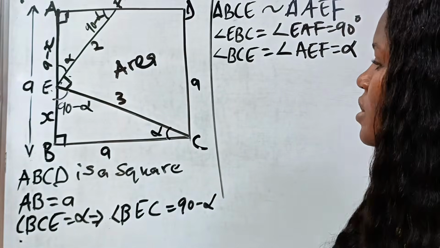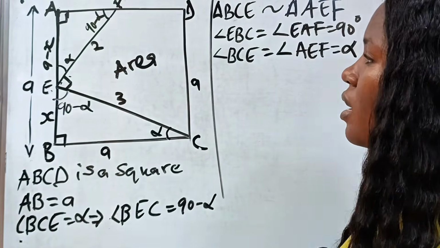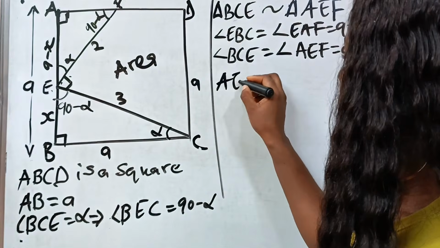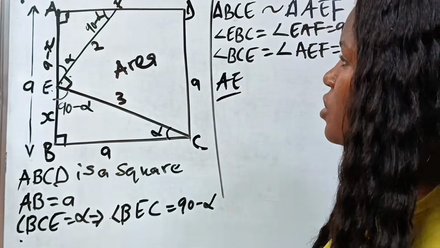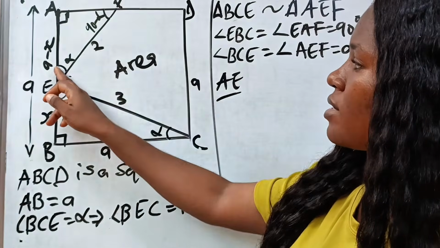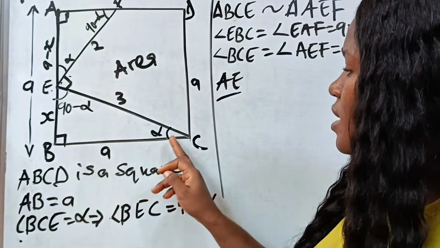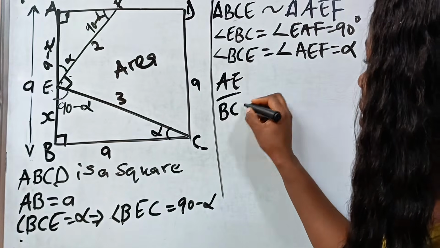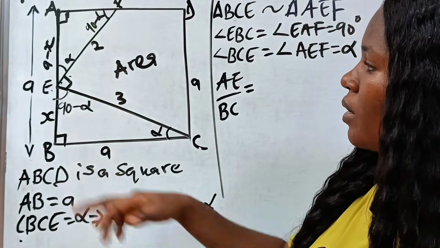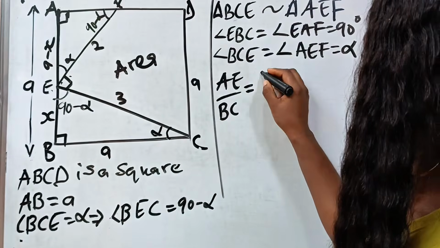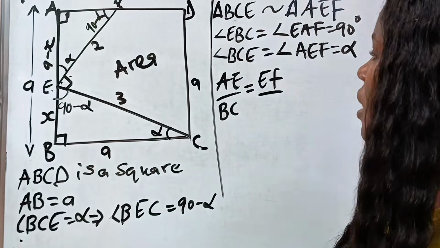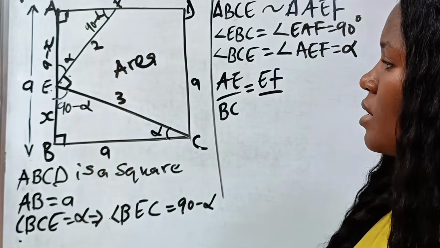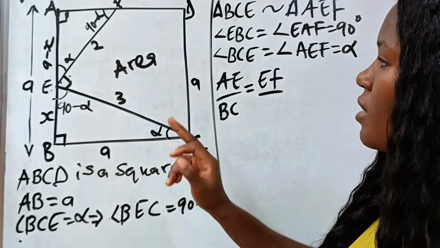Now let's talk about their ratios. If we decide to take AE, the side that corresponds to AE, we have angle 90 and alpha, so it corresponds to BC. Over BC is equal to EF, which should correspond to EC, since we have 90 minus alpha and alpha.